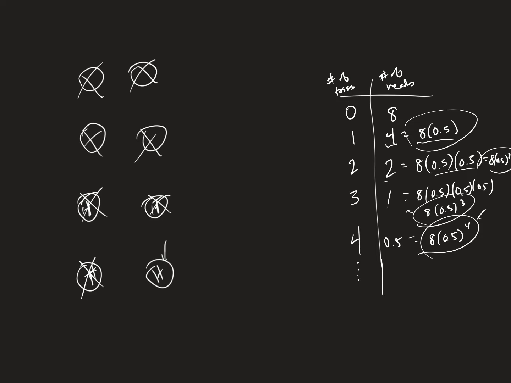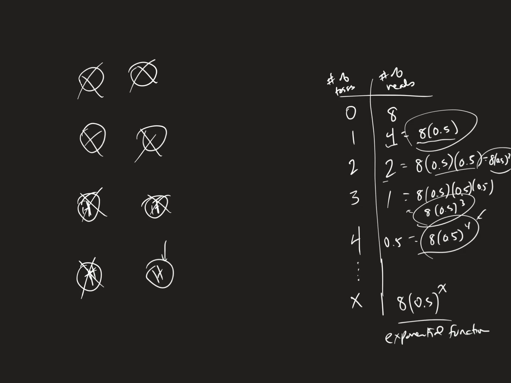So if I were to try to go down to, say, the xth toss, my pattern in this situation would be 8 times 0.5 to the x. And an exponential function is a function in which a variable is in the exponent. And that's what we're going to be starting with in this chapter.